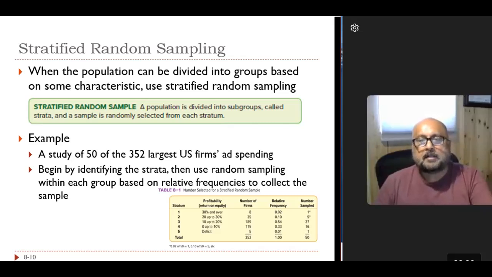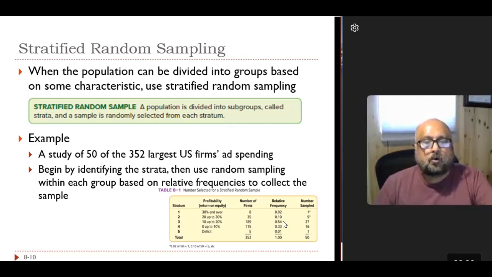If you look at the relative frequencies here, you see that the third and fourth strata have the highest relative frequencies.